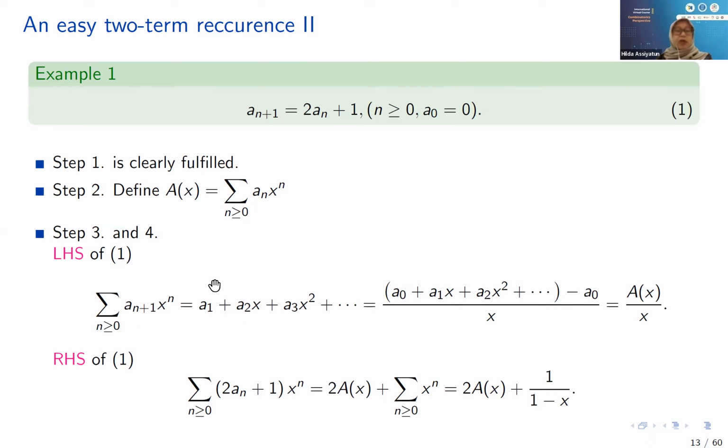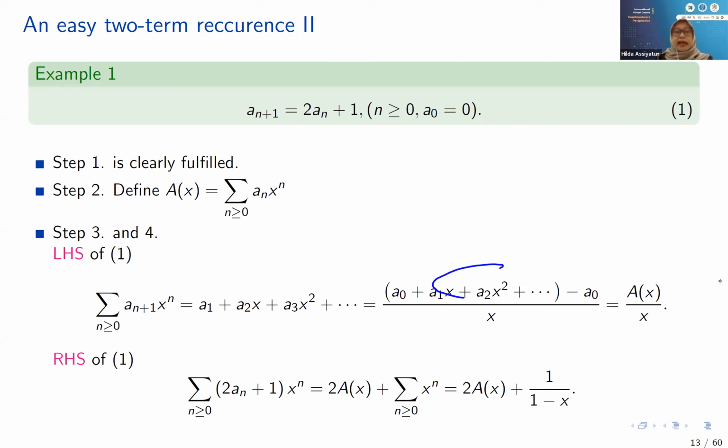Now we will try to take out this A(x) from this expression. To get A(x), we need to add an extra first term, the constant term a0, and we must multiply everything by x.